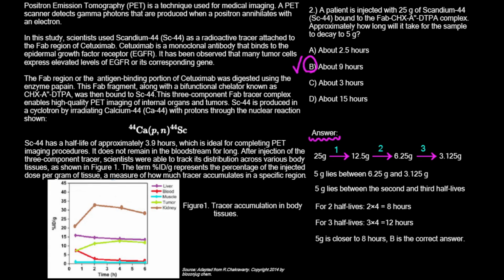So for 2 half-lives, 2 times 4 is equal to 8. And for 3 half-lives, 3 times 4 is equal to 12. Since 5 grams lies between 6.25 grams and 3.125 grams, the total time elapsed should be between 8 and 12 hours. It should be a little bit closer to 8 hours. Therefore, the best answer choice is option B, or about 9 hours.